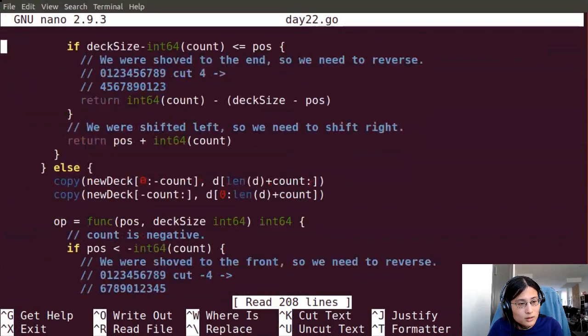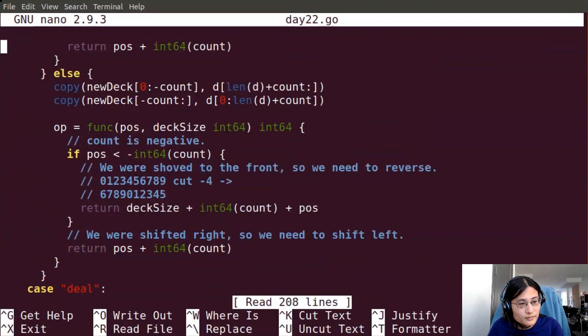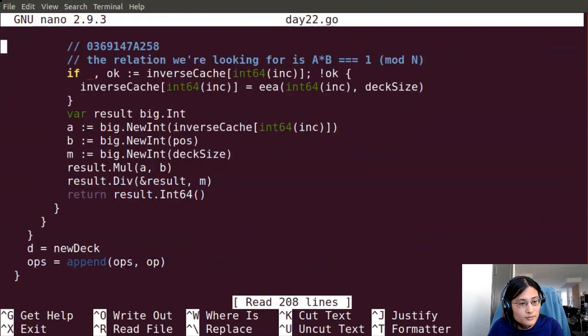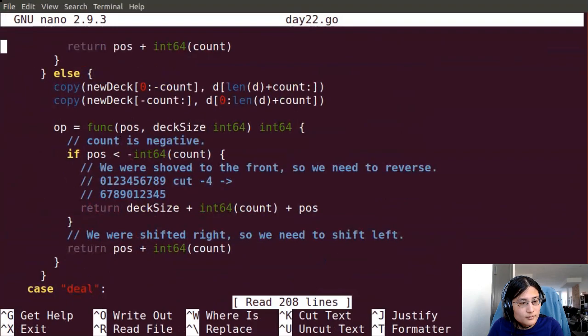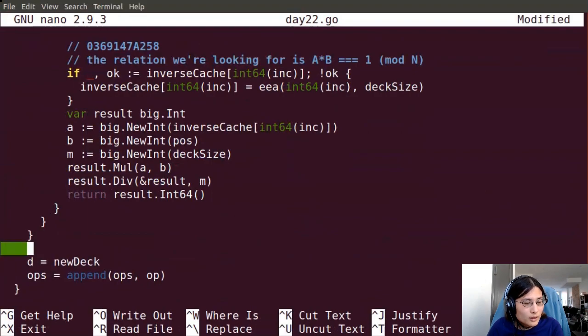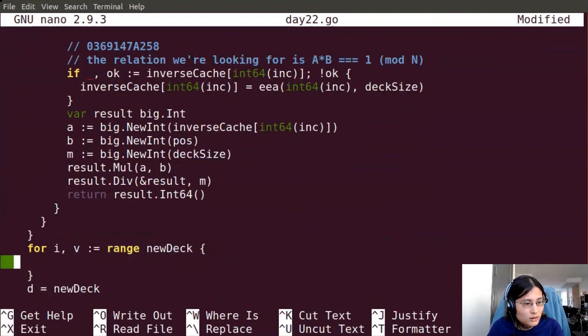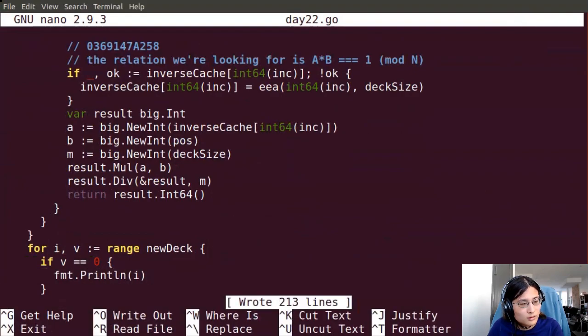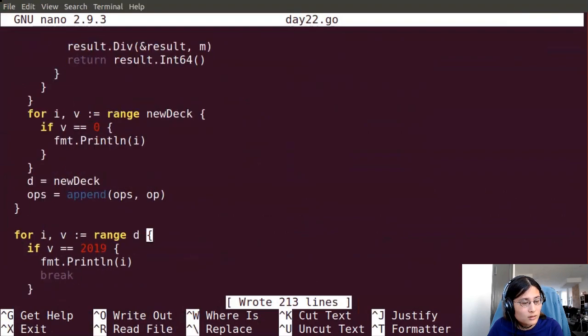So let's, I'm going to go into here and print out at each step where entry 0 is, just so I can see it. Let's just prefix that so I don't lose track of it.